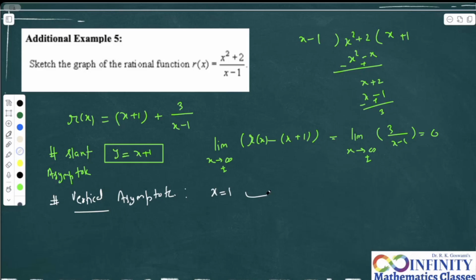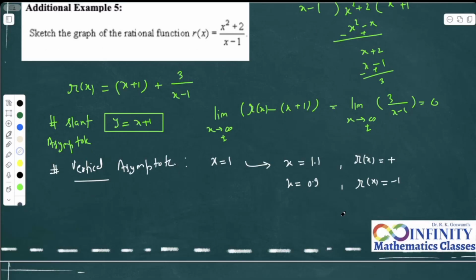And like before, I need to check the value of the function on the right and the value of the function on the left, like at 1.1 and 0.9. I'm expecting that the first value is going to be positive and the second value is going to be negative. Yes, we will choose some definite point, maybe later on.